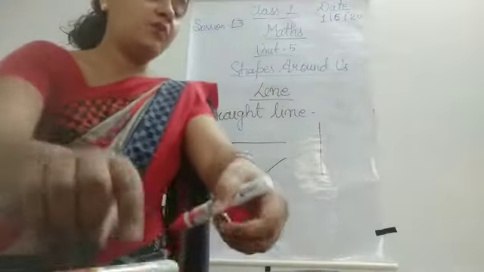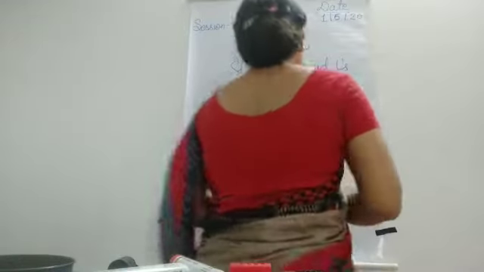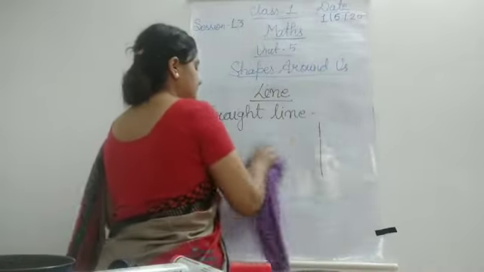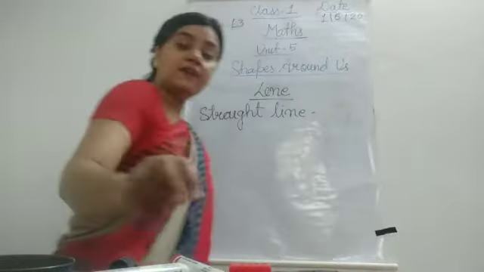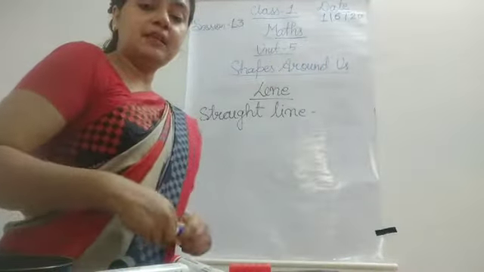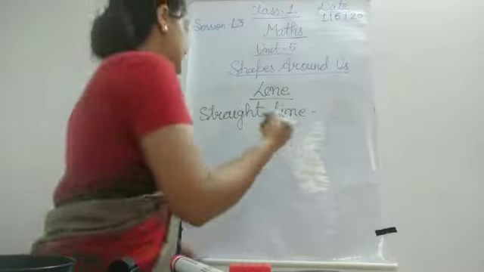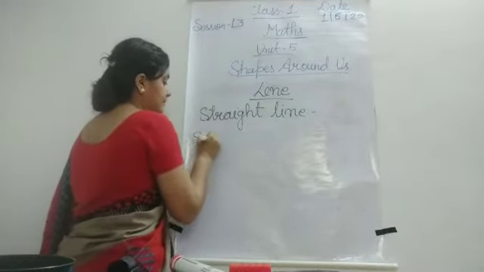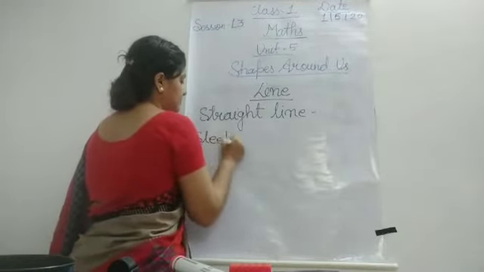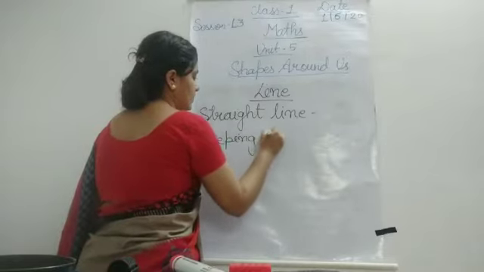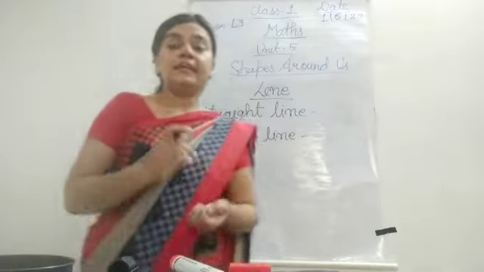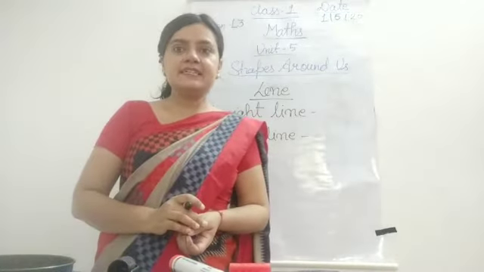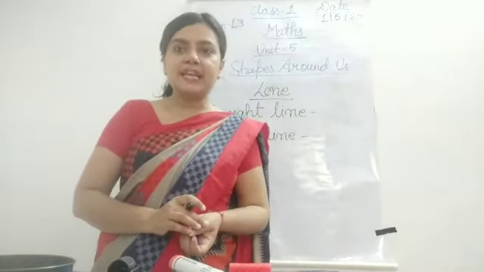Let's see how we can draw a straight line. So our first example of straight line is the sleeping line. In UKG and in LKG, Miss told you, no, what are sleeping lines?